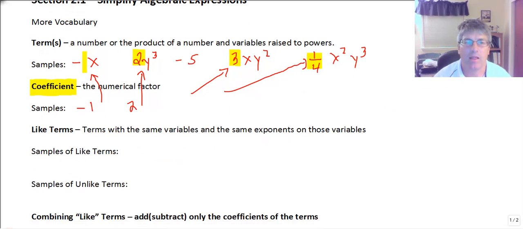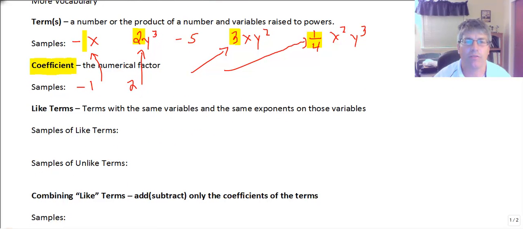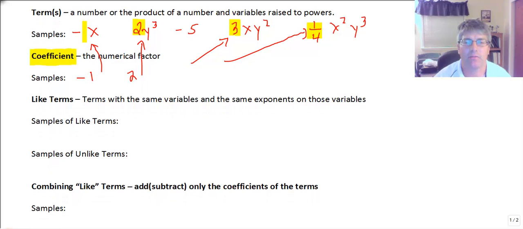Like terms are terms with the same variable and the same exponents on those variables. Some examples of like terms might be 3x and 2x. We could add or subtract those, and we'll talk about that below.